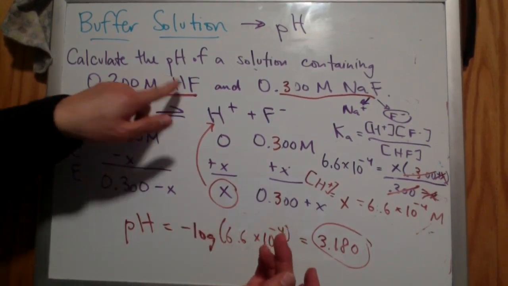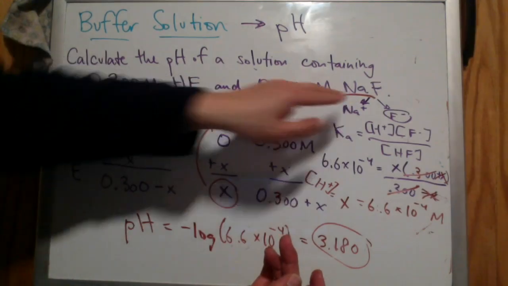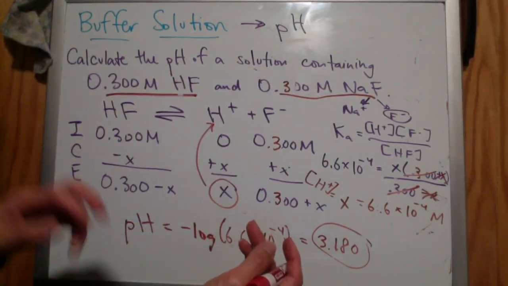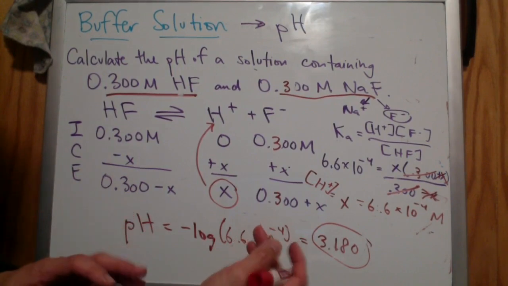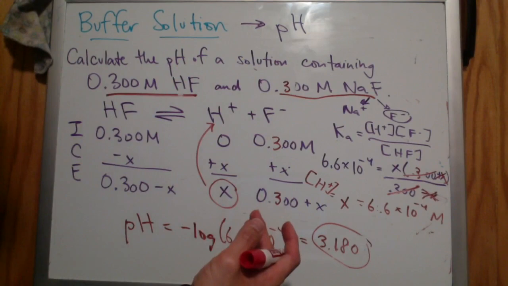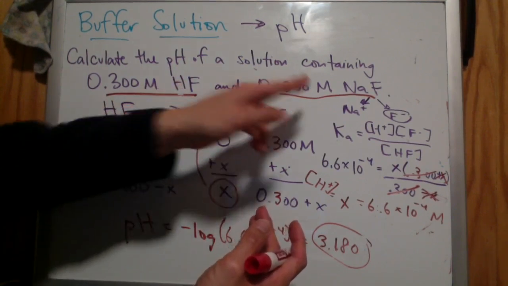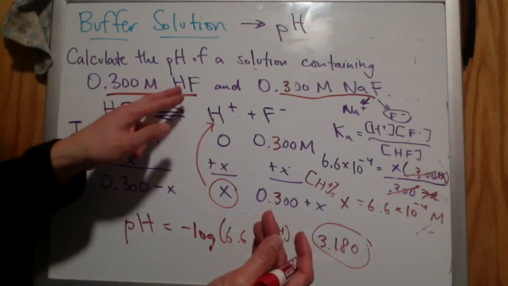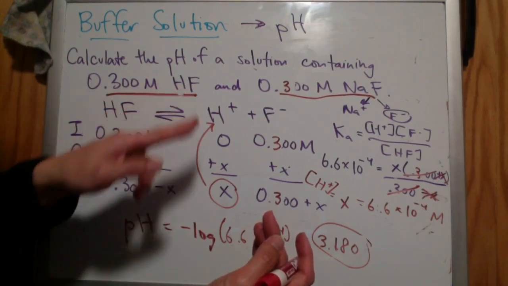By having a weak acid and its conjugate base, it allows us the maximum buffering capacity. So if we added base, like hydroxide, to this buffer solution, what part of the buffer would be neutralized by adding hydroxide to it? Well, if you said HF because it's an acid, it would get neutralized by adding base.